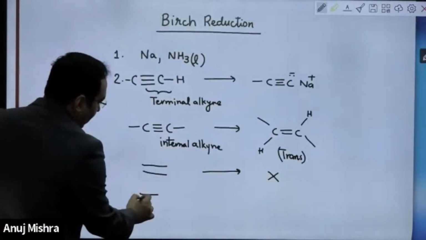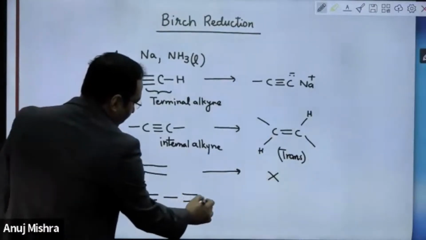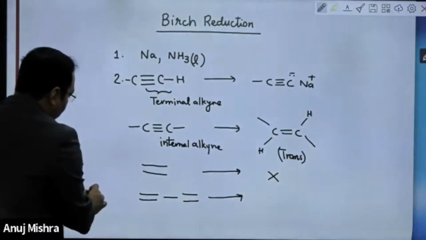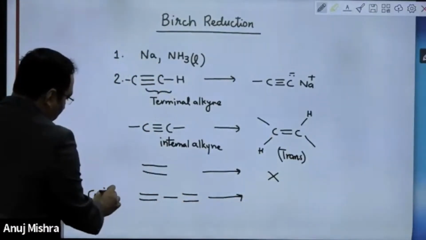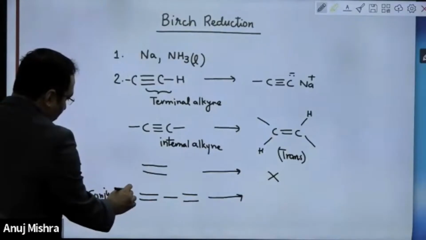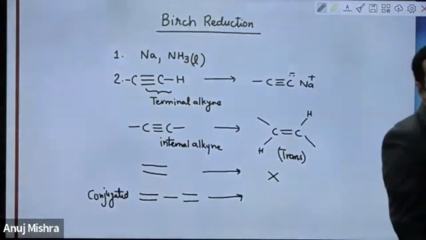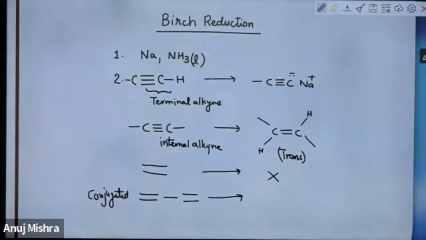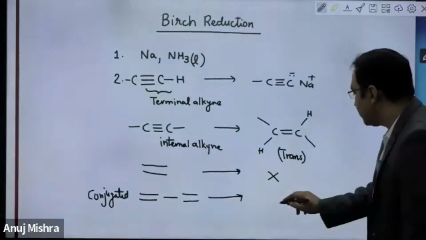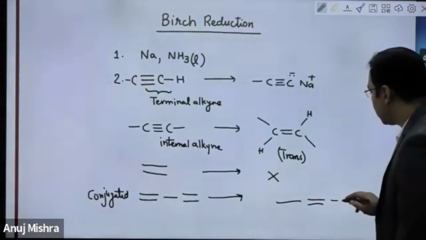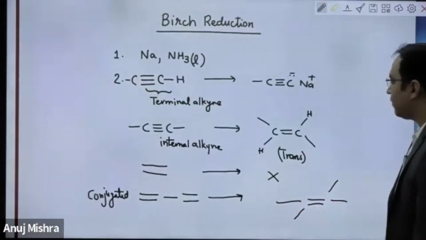If there is a conjugated double bond, that means a double, single, double kind of setup, it gives you this kind of trans.